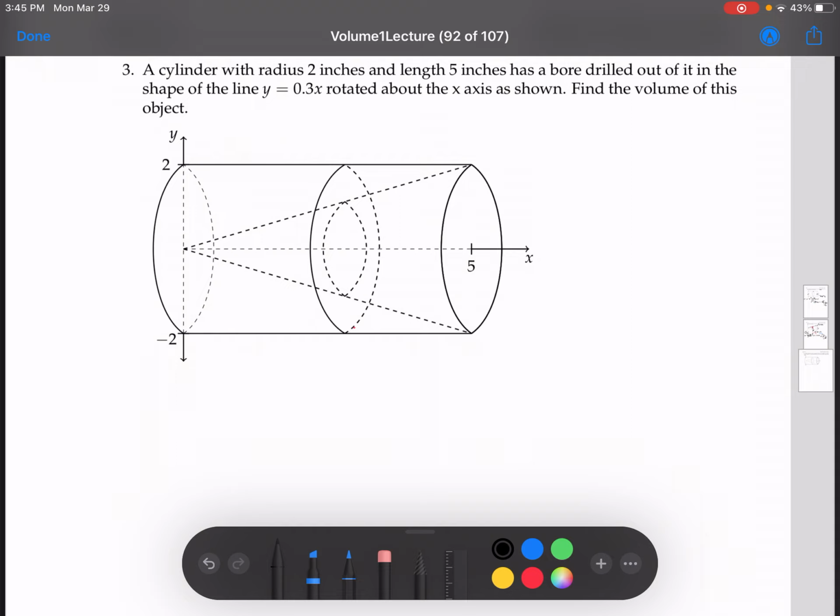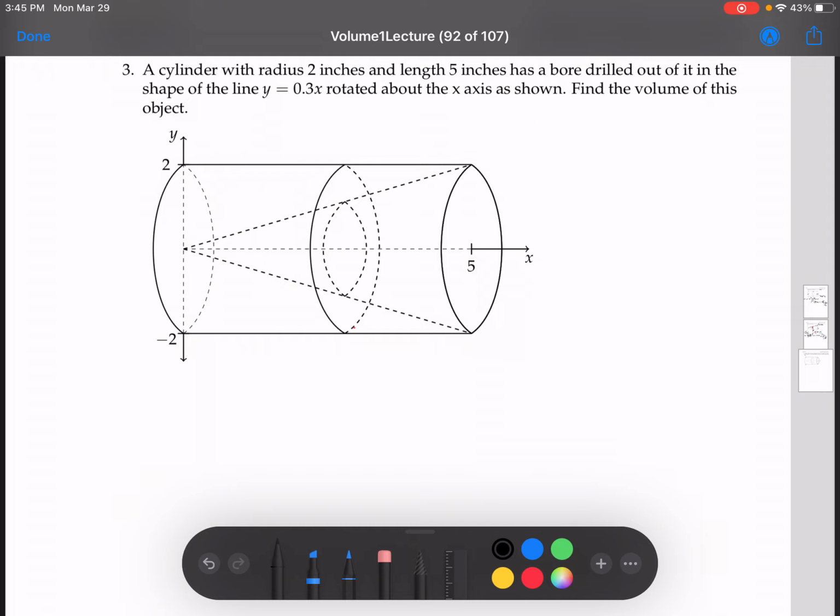Now, there's a couple ways that we can do this. And I'll just show you the first way, and in so doing, I'll be able to show you the second way as well. So the first way to think about doing this is to take the volume of the whole cylinder and subtract out the volume of the cone.